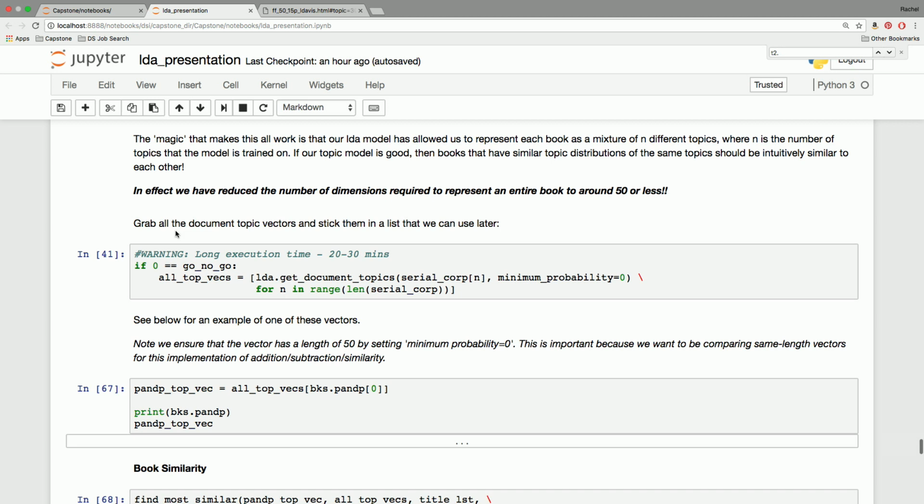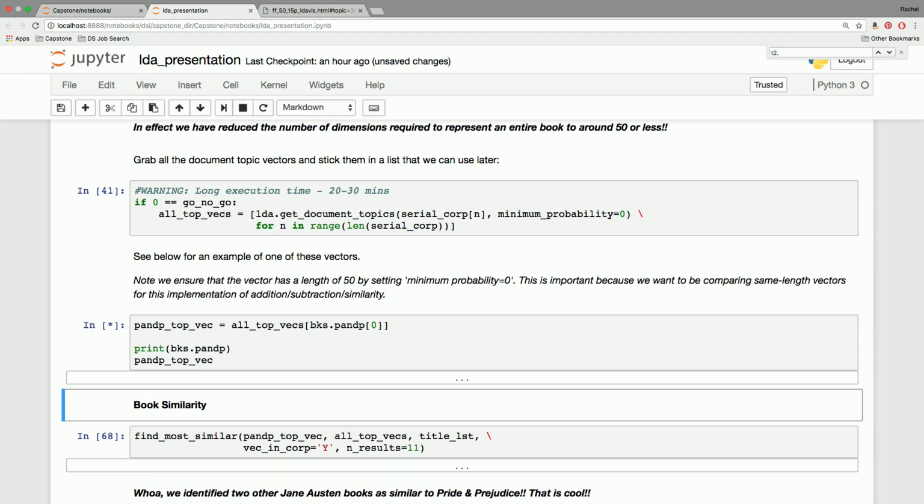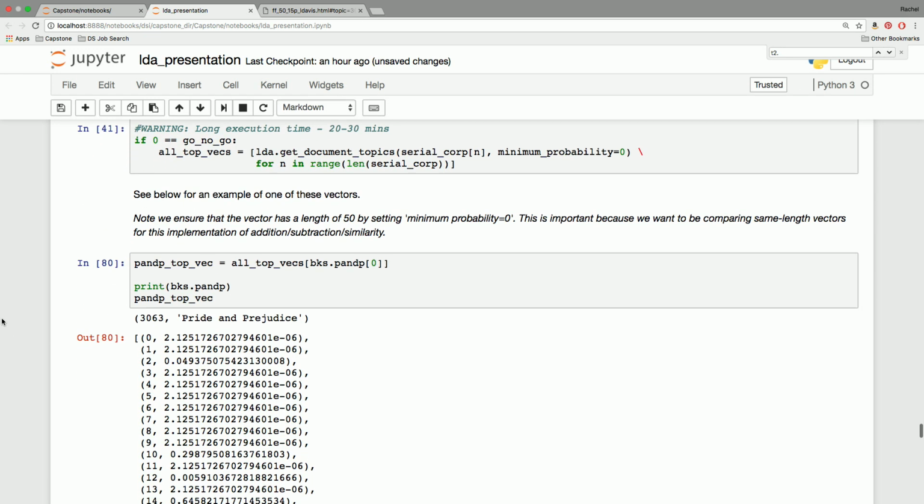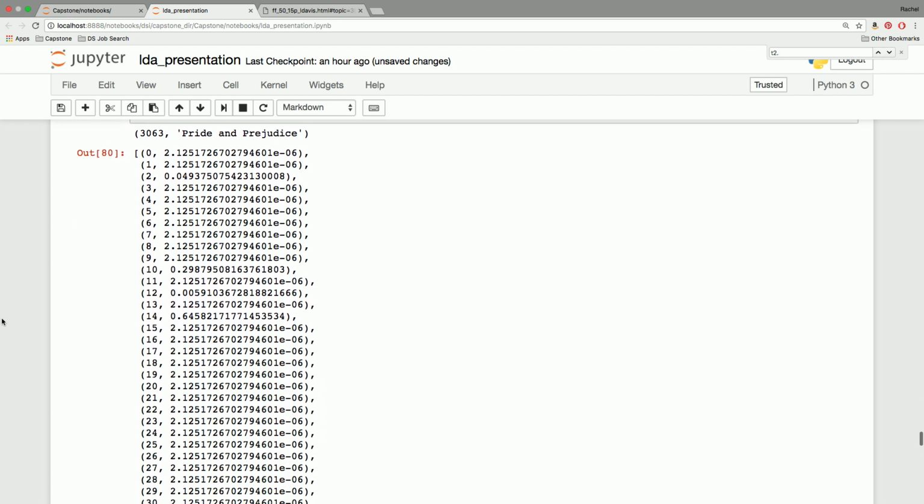I want to step back a sec and say that one thing we can get out of the LDA model is this thing, the document topic vector, which I mentioned before. That is LDA's representation of what topics constitute a document. So I've pulled up Pride and Prejudice here, a book a lot of people are familiar with.